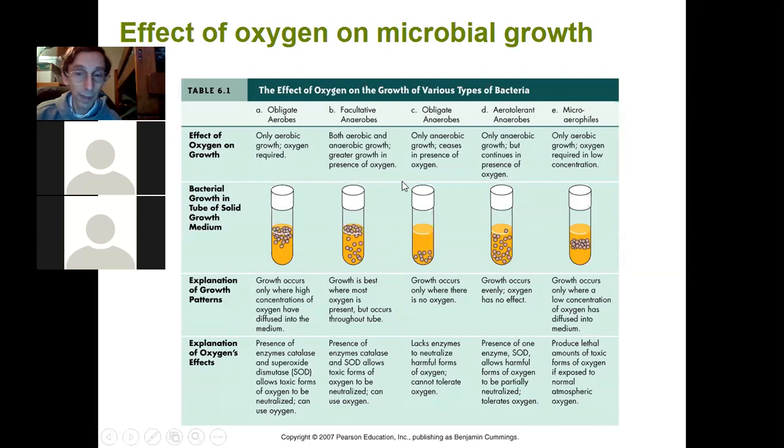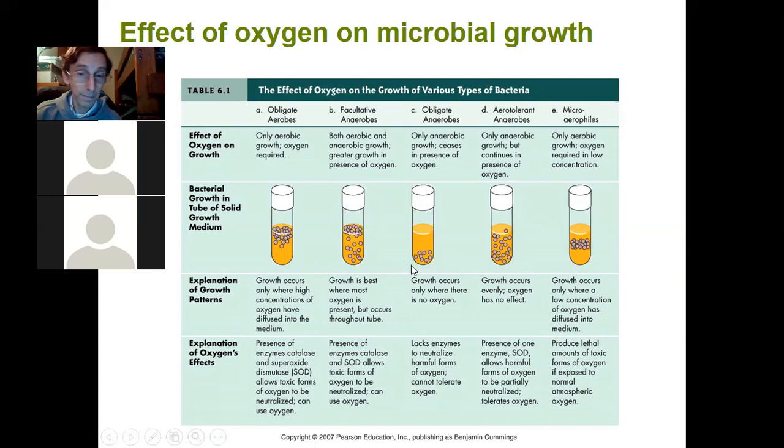But oxygen from the air moves into the media so that the thioglycolate tube will have an oxygen concentration. At the top of the tube, there will be full oxygen, about 20%, 20 or 21, I don't remember, full oxygen from the air. And as you go down the tube, there will be less and less oxygen till you reach the bottom of the tube, where there will be essentially no oxygen.